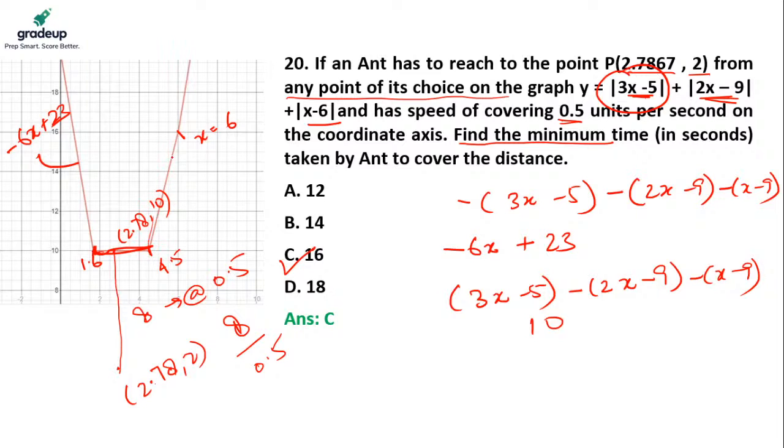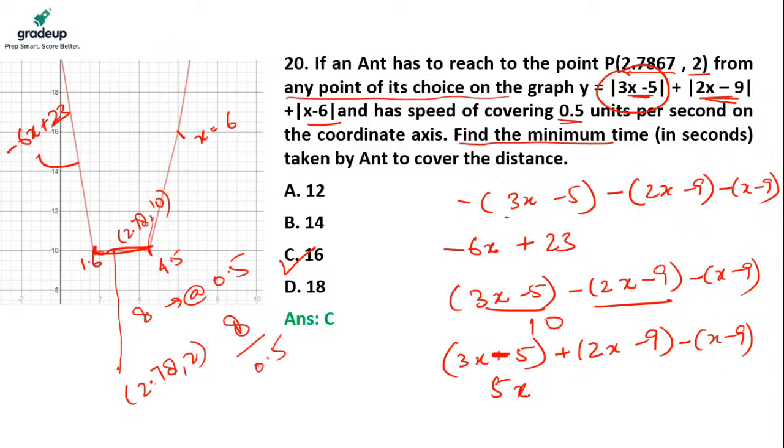beyond 4.5, this is an increasing function. Why? Because the first two numbers will become positive, and if the first two numbers are positive, my function will become 3x minus 5 plus 2x minus 9 minus x minus 9, which makes it 5x minus 5.